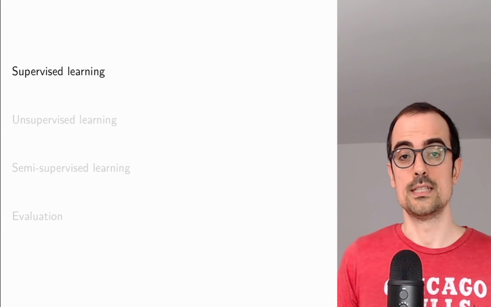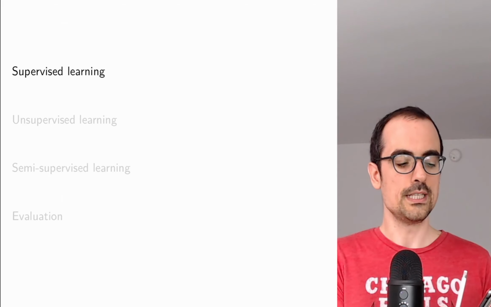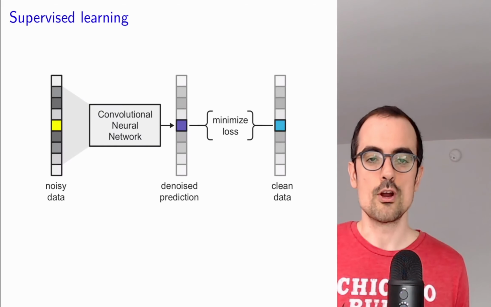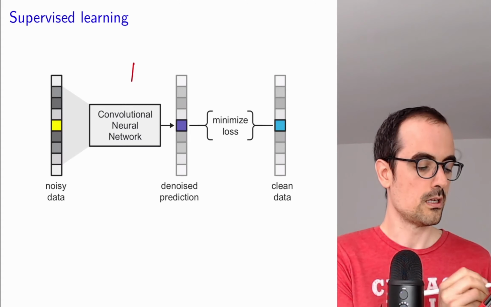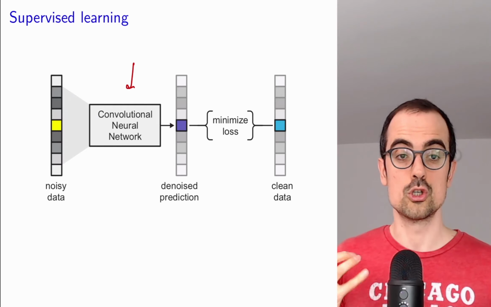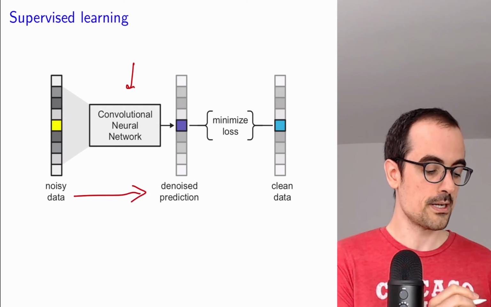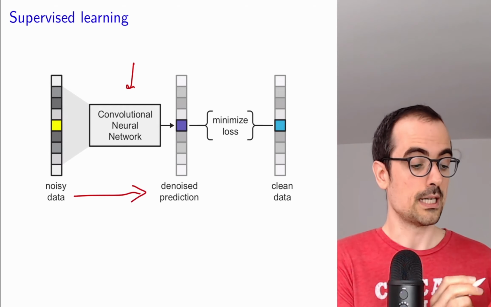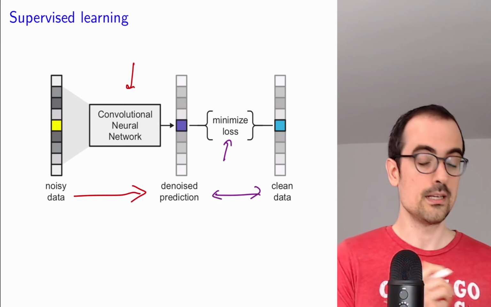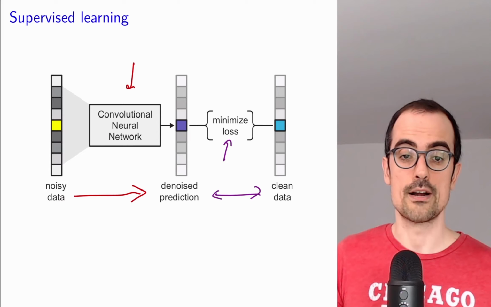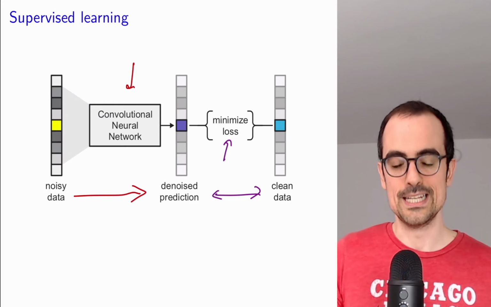We already did a whole video on supervised learning, so I will refer you to that for more details. But in general, the framework of supervised denoising is that we learn the parameters of a convolutional neural network that maps noisy data to a denoised prediction by comparing that denoised prediction to clean data and minimizing the loss, which is typically the mean squared error between the denoised prediction and the clean data, or rather the clean images.